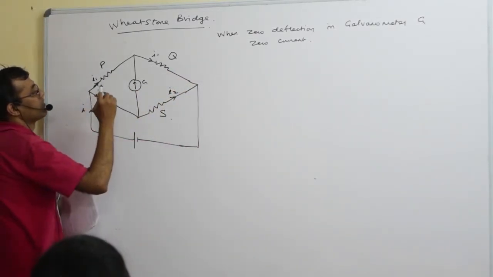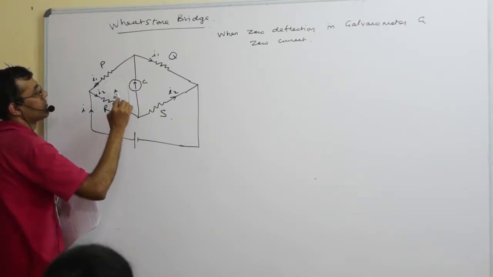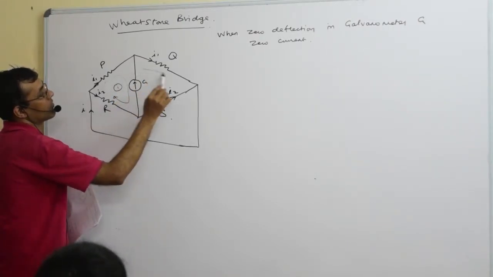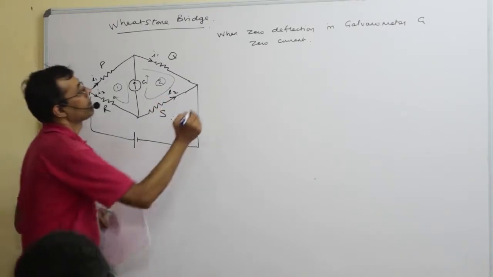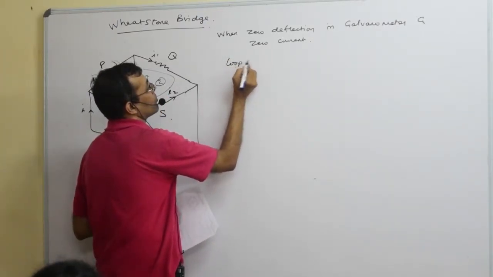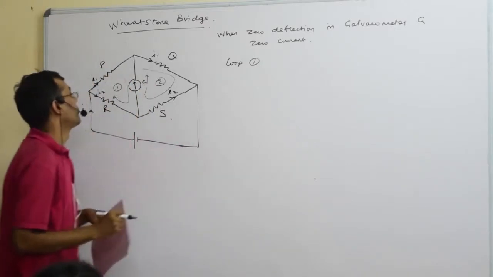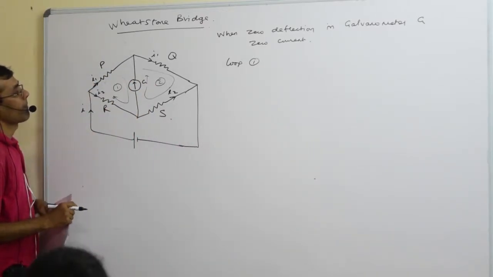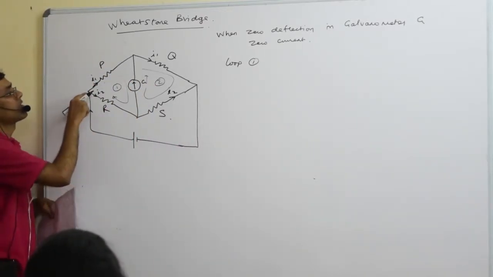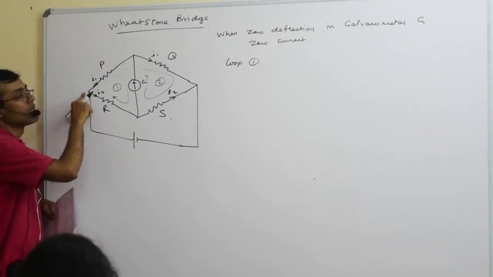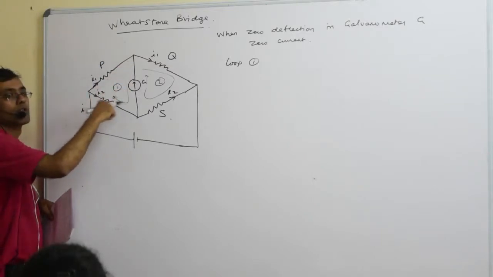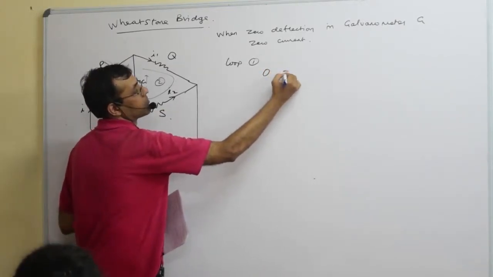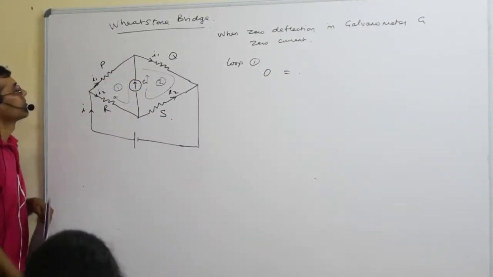So I'm going to take this as loop 1, this as loop 2. Can you write the equation for loop 1 and loop 2? Let's say I'm starting from here. Is there any battery in this loop? No battery, so what should I put? 0.